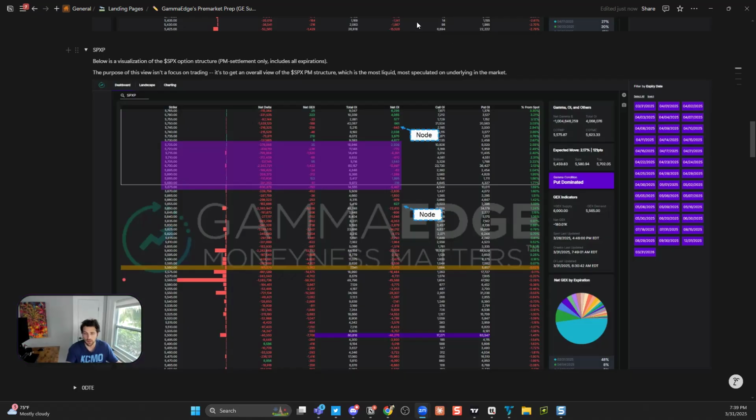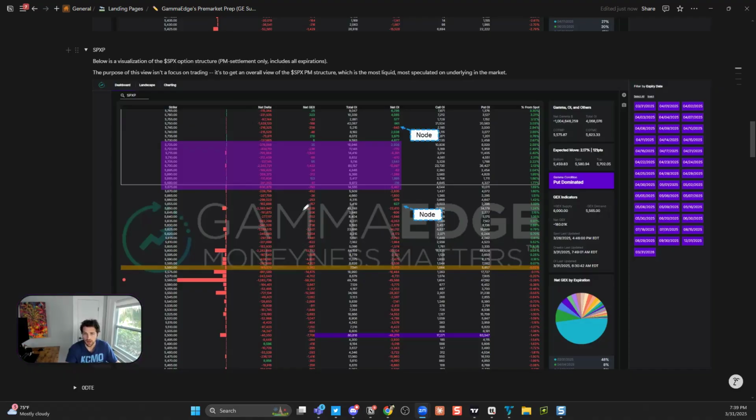So price is able to freely do what it's going to do. And above this level, this is where we expect to see calls start to take more control of the structure and price itself, and we expect to move higher.